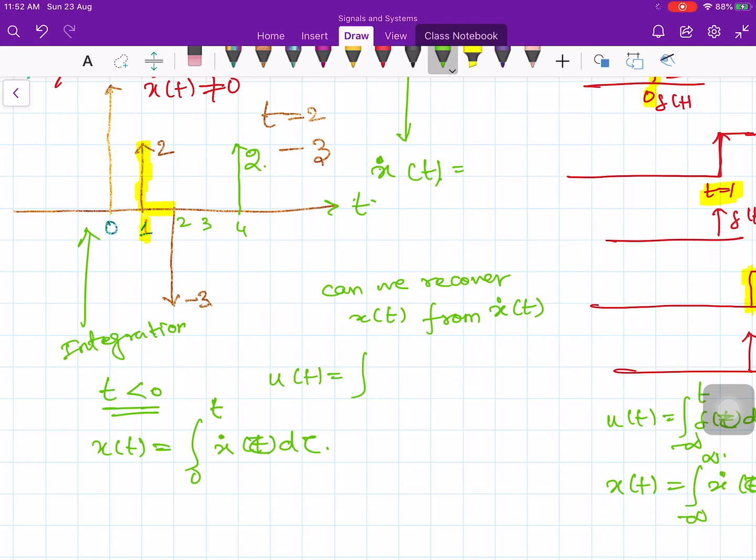When you consider t less than 0, none of the impulses that constitute x dot of t are within the interval of integration. Therefore, when t is less than 1, it is not 0, it is 1, this integration would lead to 0.